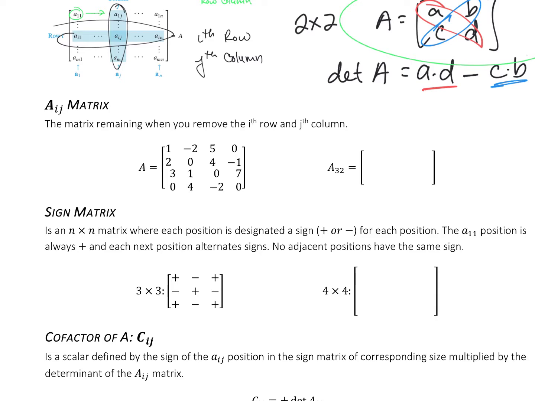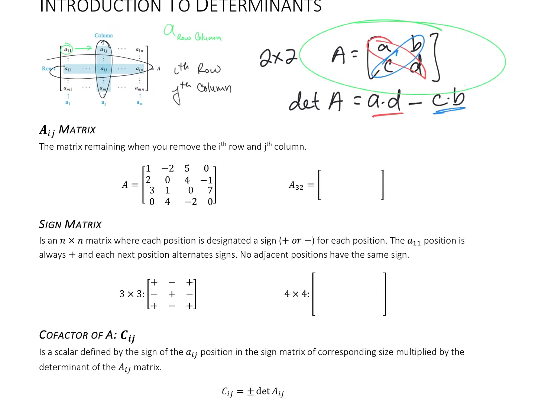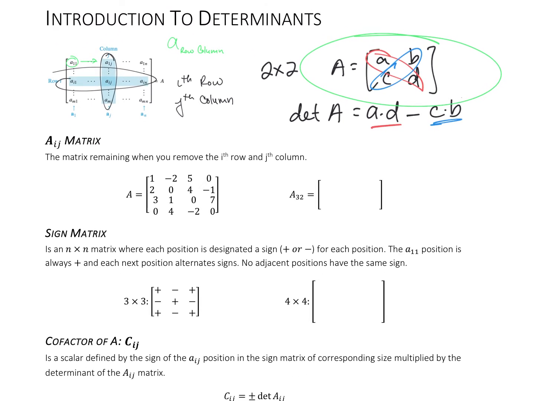We've got to introduce a couple of new ideas before we can get into how we're actually going to break down our matrices into 2 by 2 matrices to find a quick determinant. The first thing we need to talk about is this Aij matrix.